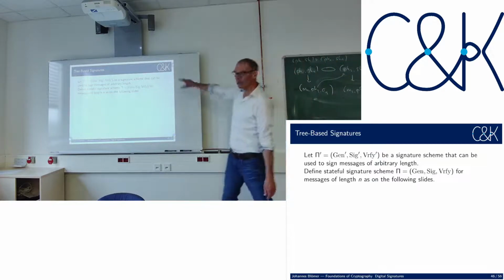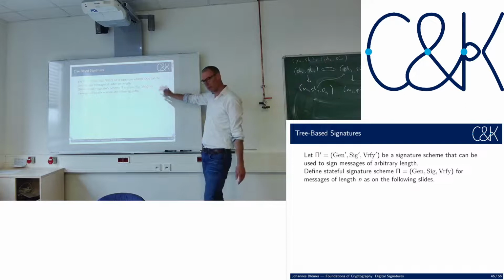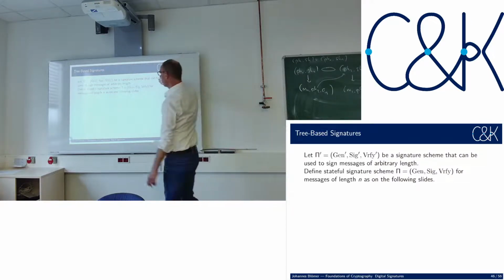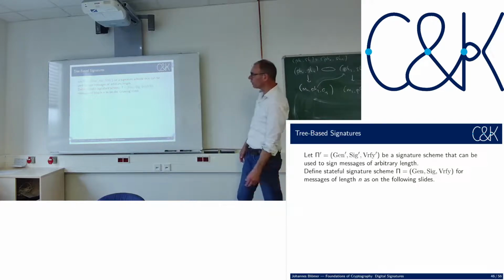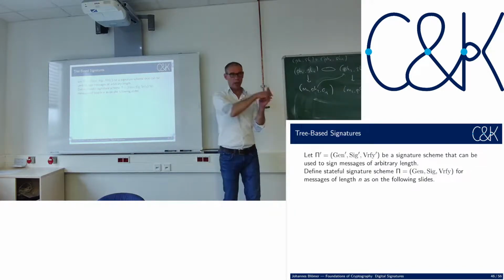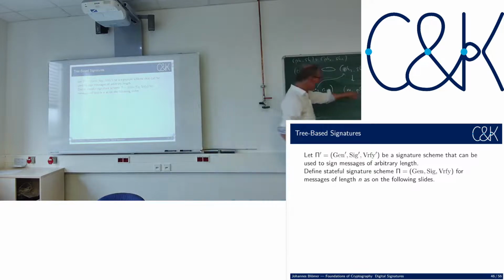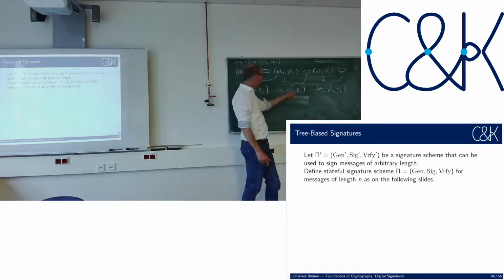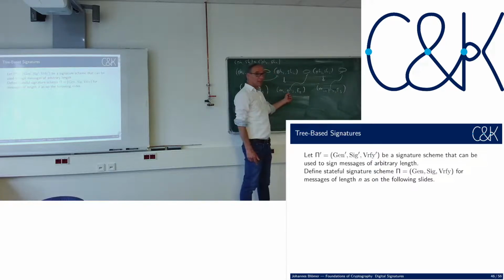Okay, let's go. So we want now to have these tree-based stateful signatures. And as before, we have pi prime, which is a signature scheme that can be used to sign messages of arbitrary length. You see that this construction would not work if I use a one-time signature with fixed length messages like Lamport, because what I need to sign is longer than the key. I need to sign in particular a key itself, but then additionally some message.